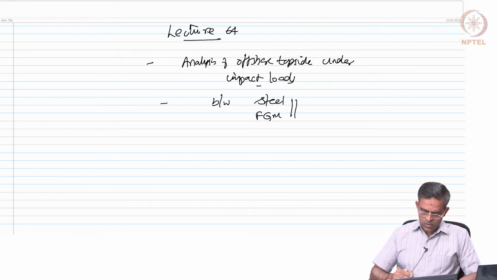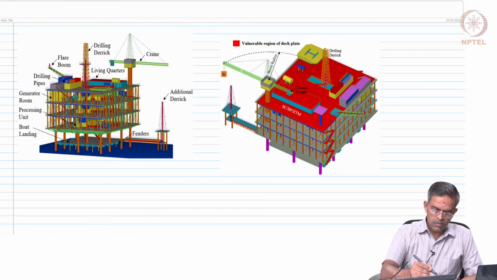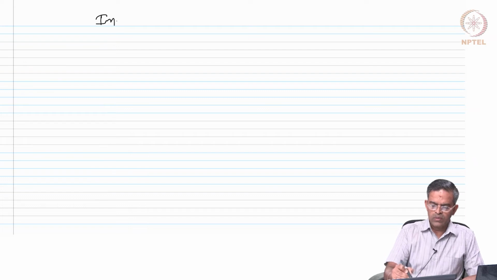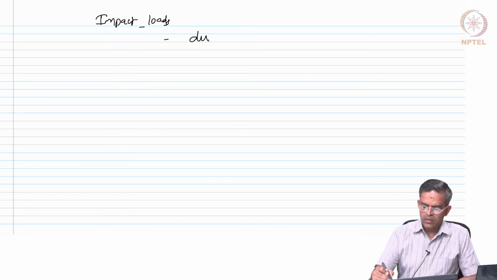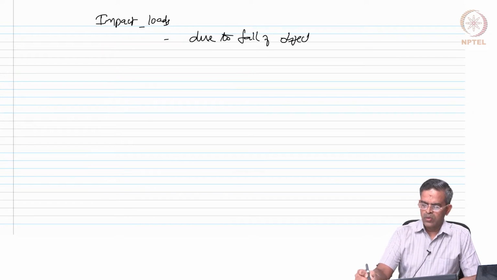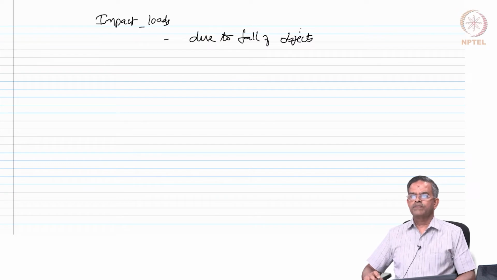Now, we all know that impact loads happen on offshore structures or buildings due to fall of objects.